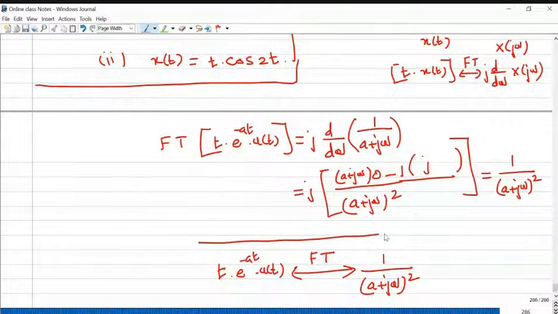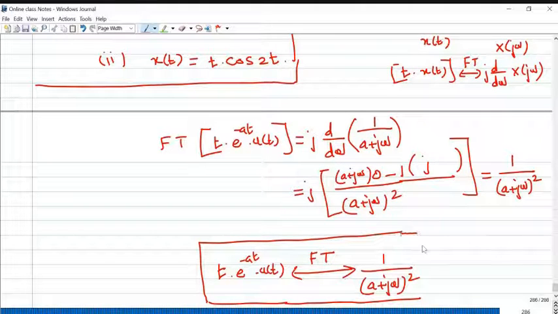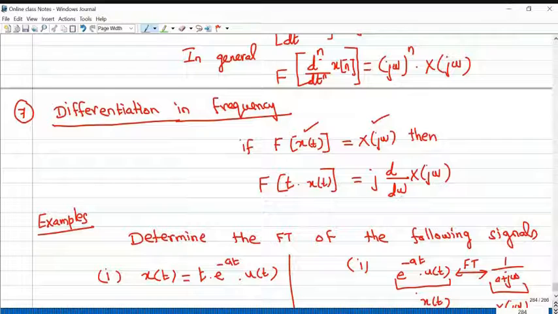So remember this formula. Later we will be using this formula while solving the inverse Fourier transform with the help of the partial fraction method. Just applying the property, that's it.